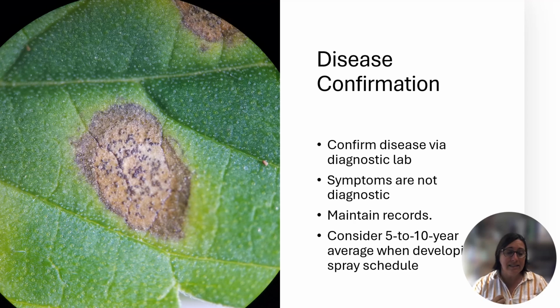So I like to consider 5 to 10 years of data when I develop a spray schedule. And I know that's a lot, and we can talk about that a little bit more as we go. If you are a new grower and you don't know what those common diseases would be, or if you don't have 5 or 10 years of data, definitely talk to your county extension agent.